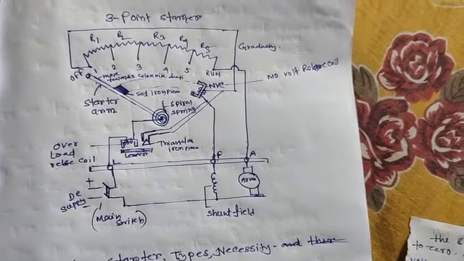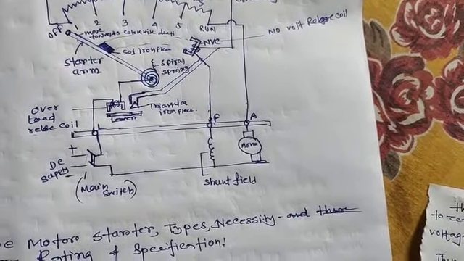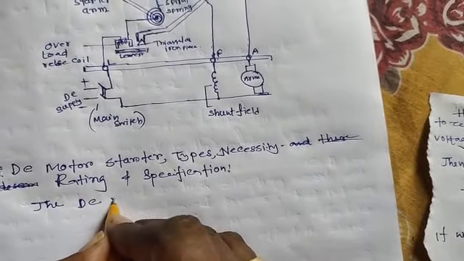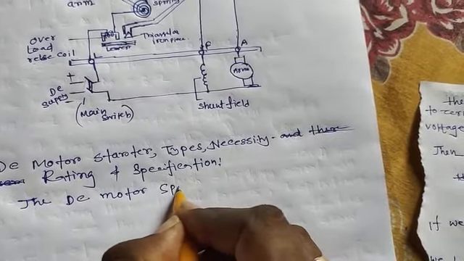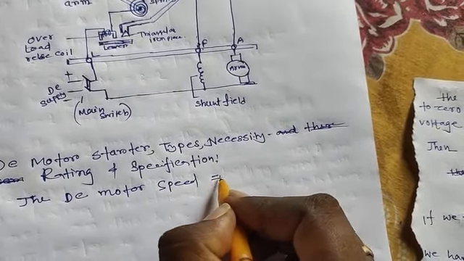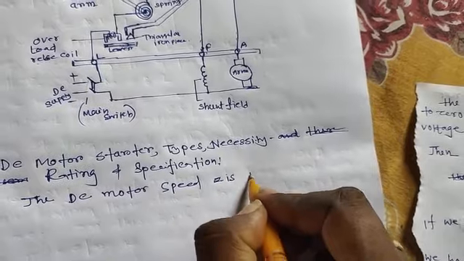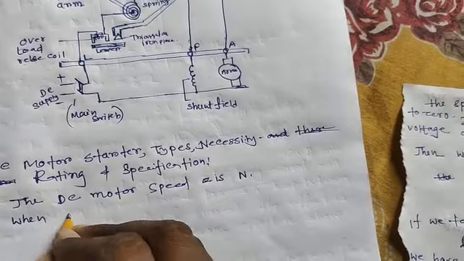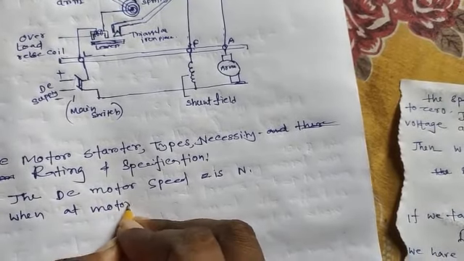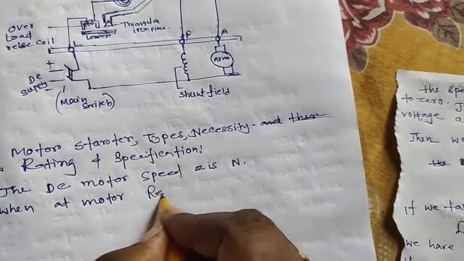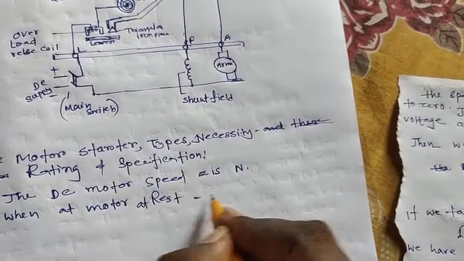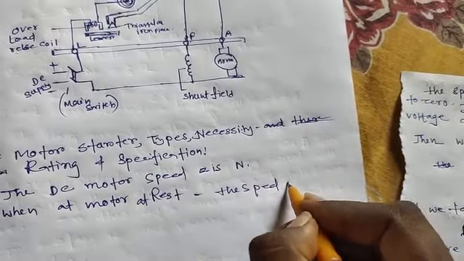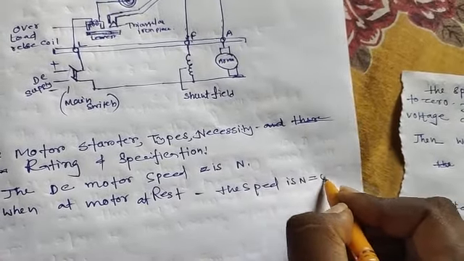Let us consider the DC motor speed is N. When the motor is at the starting point or at rest, the speed is N equal to 0.